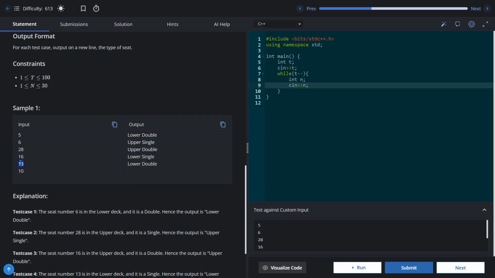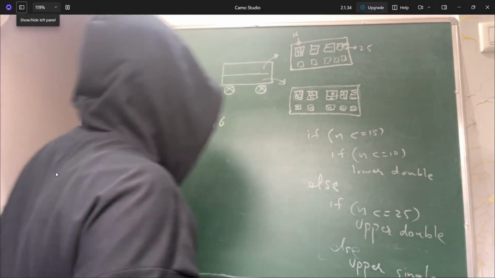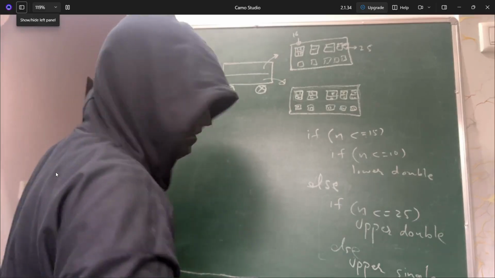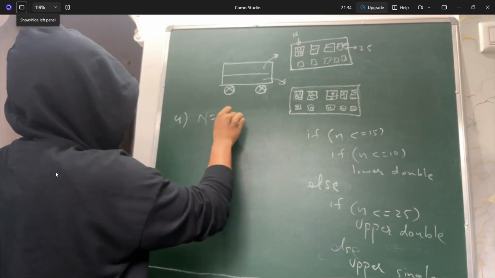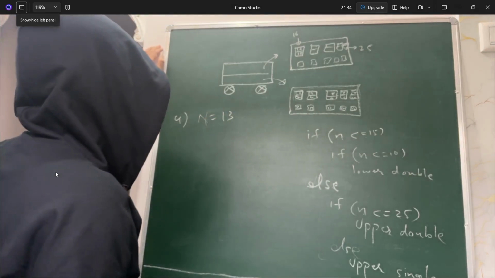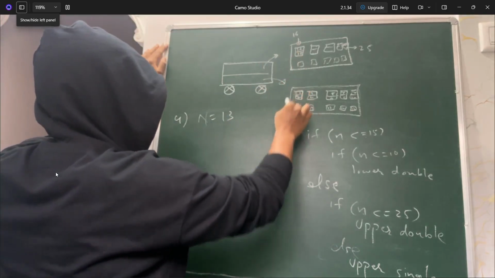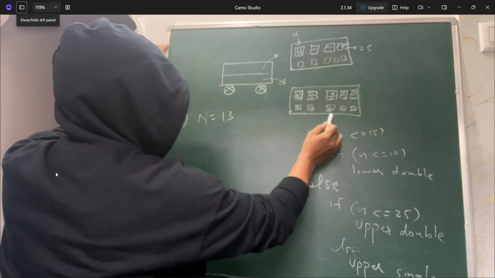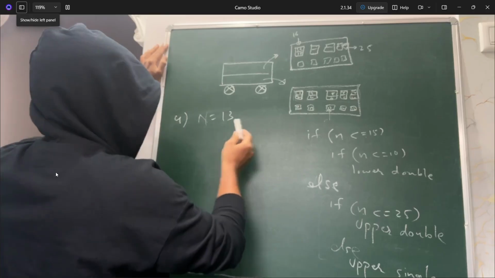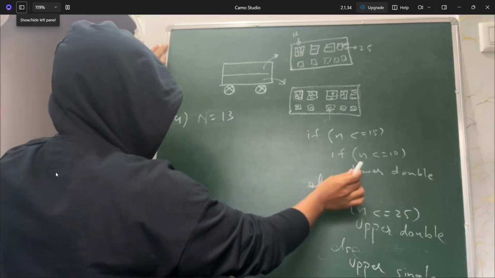Now let's consider the fourth example, which is 13. As you can see, you'll have to check if n lies in the upper deck or lower deck. From the diagram you can see n is 13, which lies here, so it will be lower single, right? But we'll have to go through the code. n is lesser than or equal to 15, which is true, so we come here.